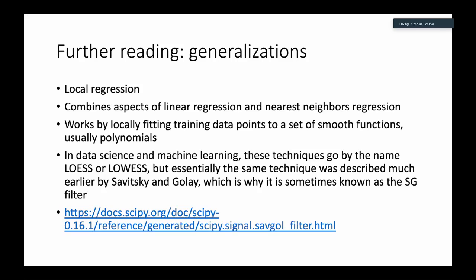But essentially the same technique was described much earlier by Savitzky and Golay, and that's why it sometimes goes by the name of SG filter. And if you see the link that I included to the SciPy documentation, it's called the Savgol filter. If you're interested in reading more about methods that combine aspects of linear regression and nearest neighbors regression, I suggest that you look these up.